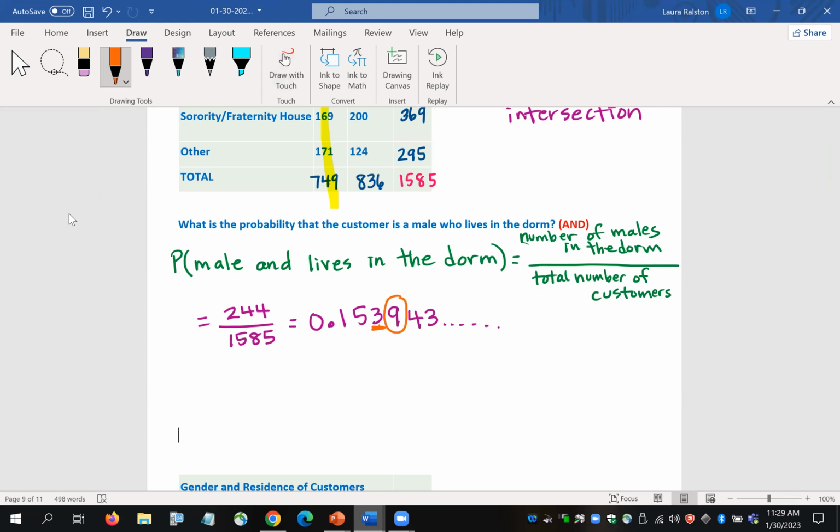Next door is a 9. 9 is going to bump it, so it becomes 0.154, or as a percentage, 15.4%. So about 15.4% of the customers are males who live in the dorm.